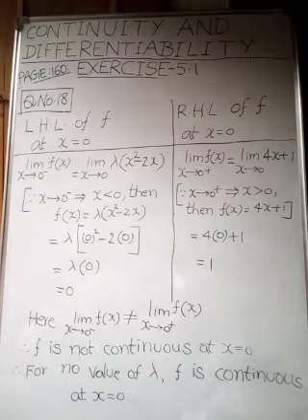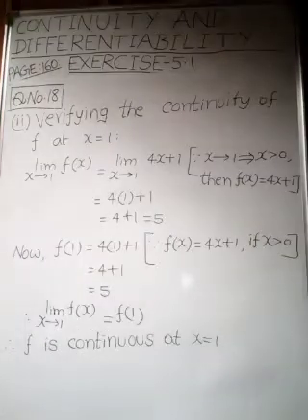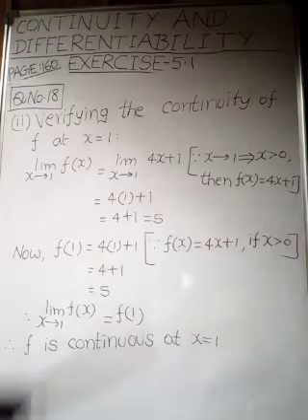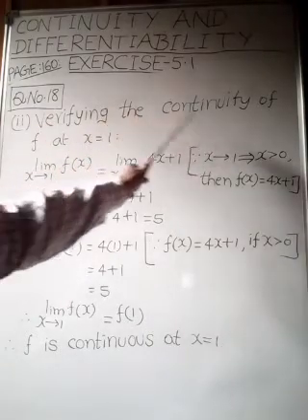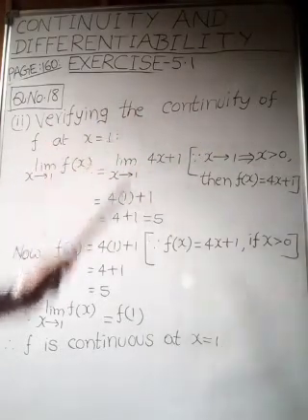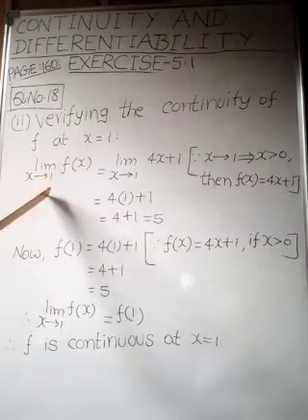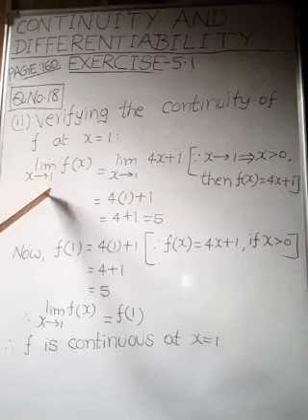Now come to the second part of the question. What is the second part of the question? Whether it is a continuous function or not at x is equal to 1. So we are verifying the continuity of f at x is equal to 1. So we are finding here the limit of the function at x is equal to 1.